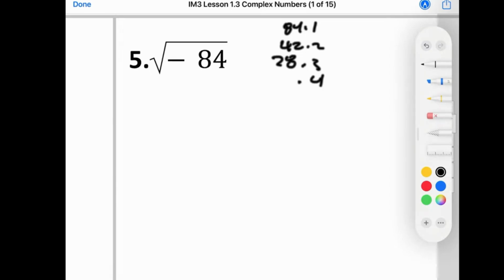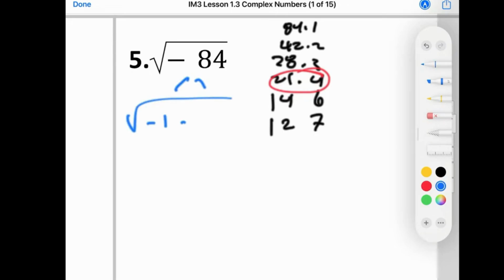Oh, that's even better. 21, I like that. 5, no. 6 goes in there. Goes in 14 times. 7 goes in 12 times. Then 8, no. 9, no. Okay, so which one's the best one? I like that one. So let's go ahead and do that.